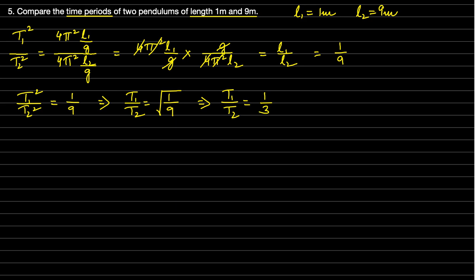So we get T1 is to T2 is equal to 1 is to 3. So this is the comparison of time periods of two pendulums of length 1 meter and 9 meter.